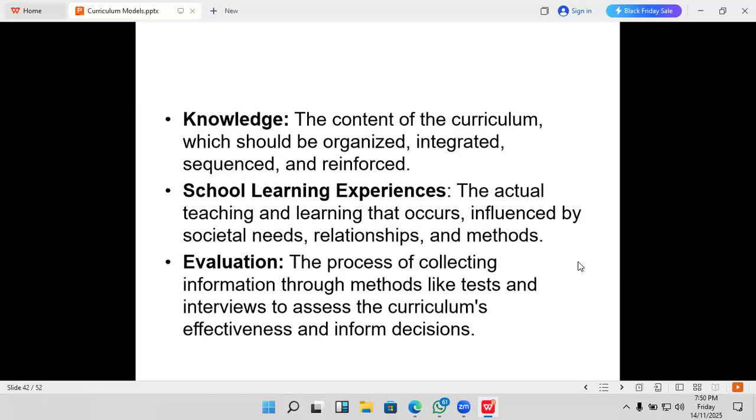He gives various techniques. Other curriculum model designers that we studied did not explain the evaluation method as much as he did. We can have written tests, we can have other alternative techniques to assess the curriculum effectiveness.